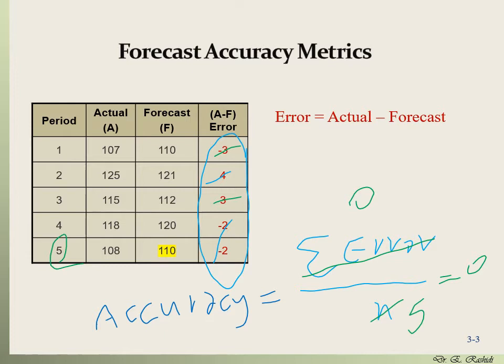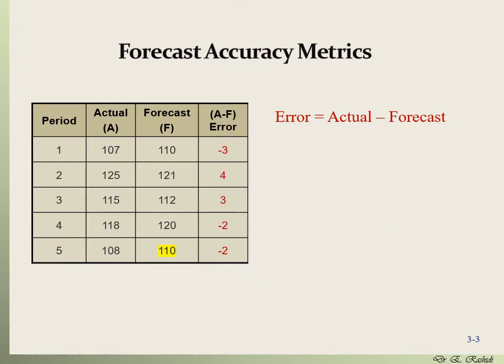Does this mean our forecast is exactly accurate, 100% accurate? Well, apparently not, right? This is an untrue, unwise statement to make here, because we see that our forecast for each period has been off. It has been either less or more than the actual value.